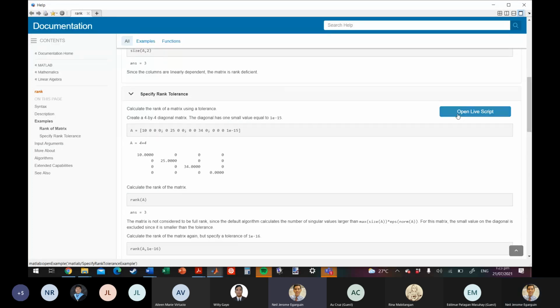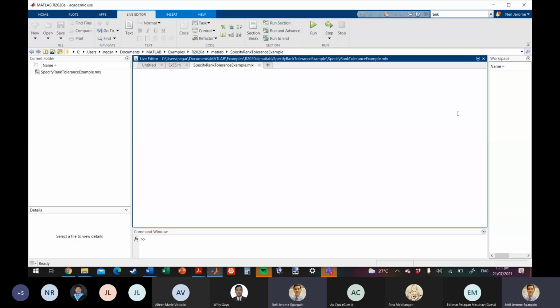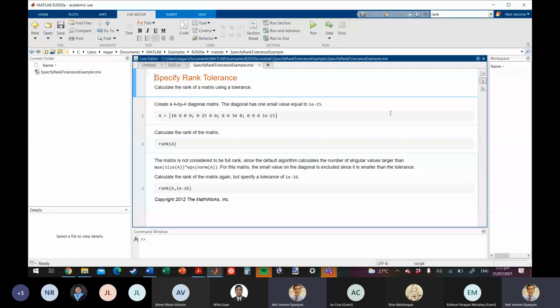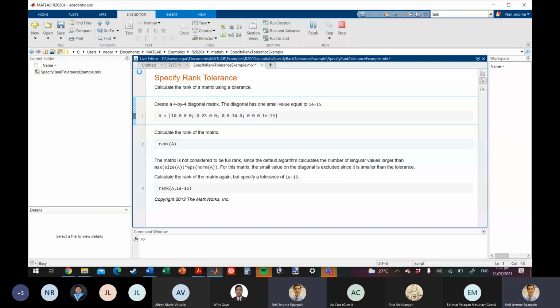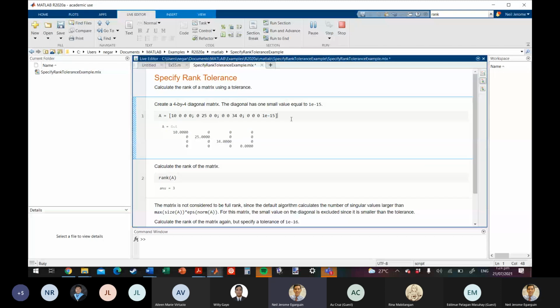Tapos, you can also open para makita paano yung example dun sa help file looks like as a live script. So, ito lang papakita niya, okay, kino-compute niya C1. I just click run here. Okay.